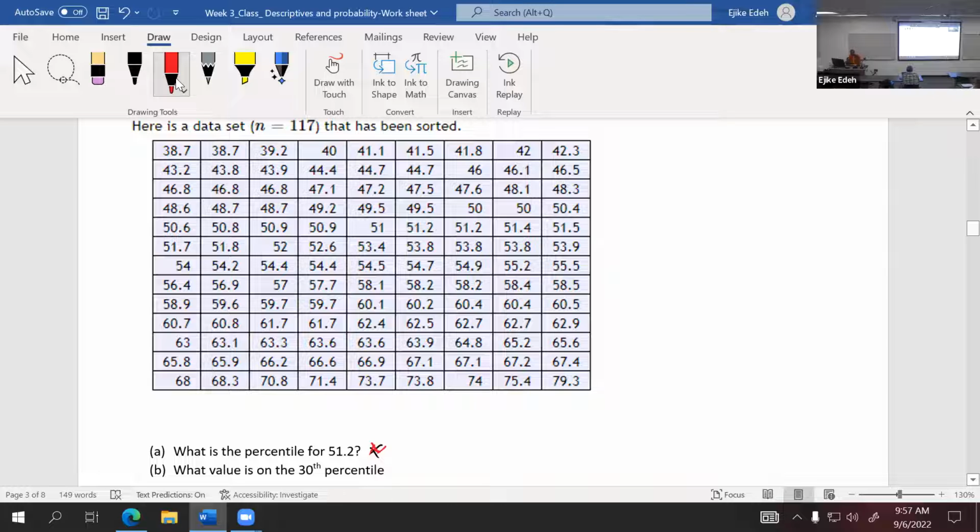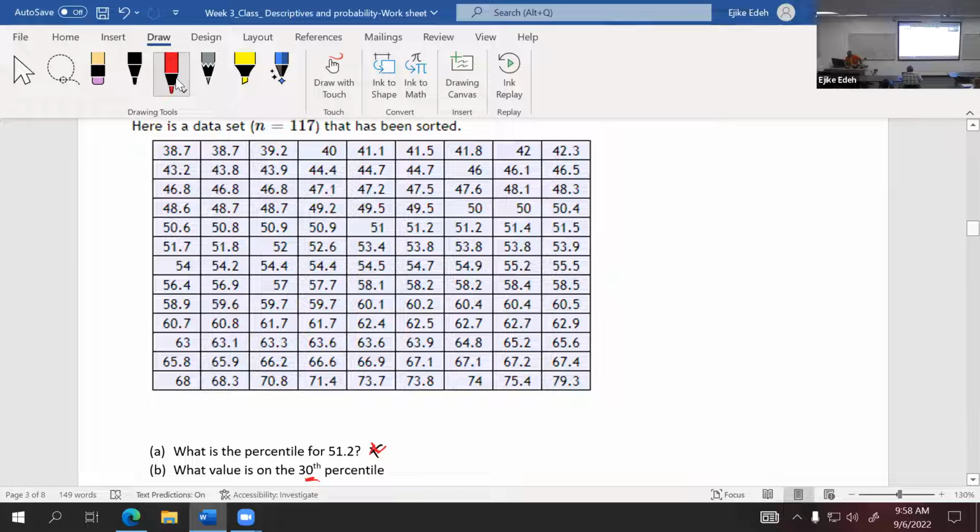When I have Q1, Q2, or Q3, I can tell where the quartile is because I know Q2 is right in the middle, and Q1 is right at the other half. But here I have the 30th percentile, so maybe the formula becomes useful here. Okay, so let's do the first one though.